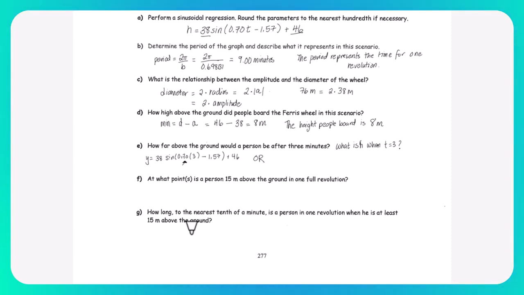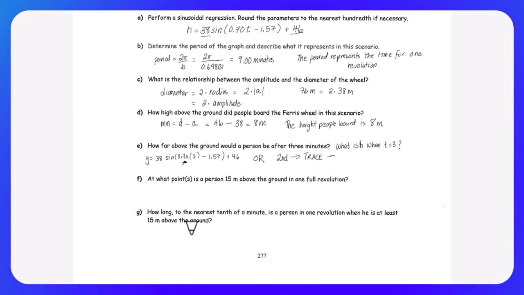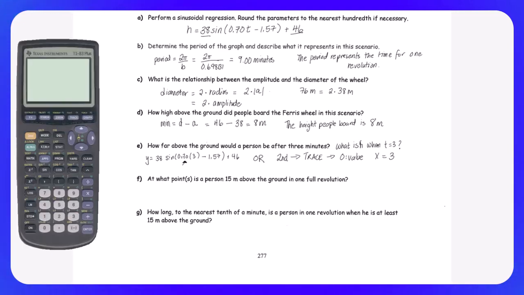The other way to do it is we can graph the regression equation, and we're going to do that in a second. And instead, we can go second trace 0 for value, and we can make x equal to 3. So let's go ahead and do that in the calculator.